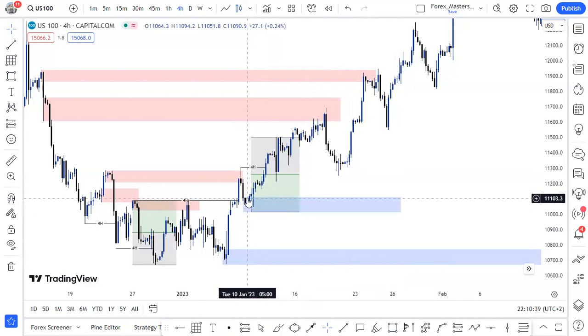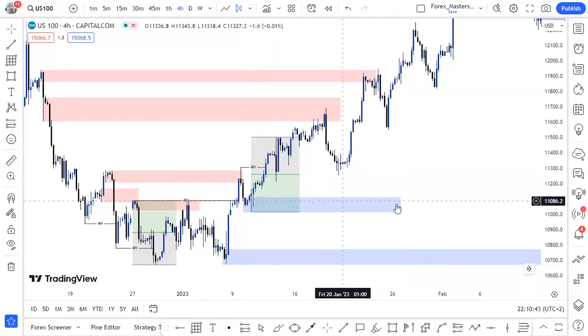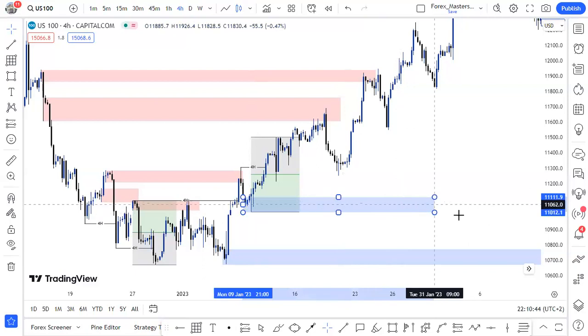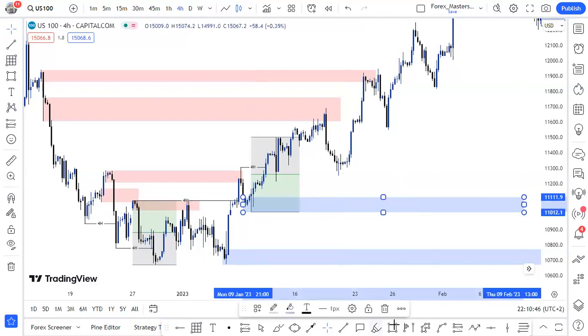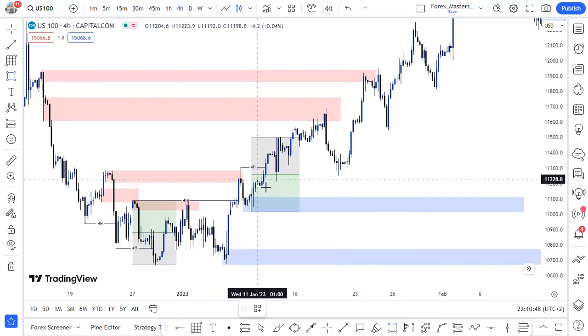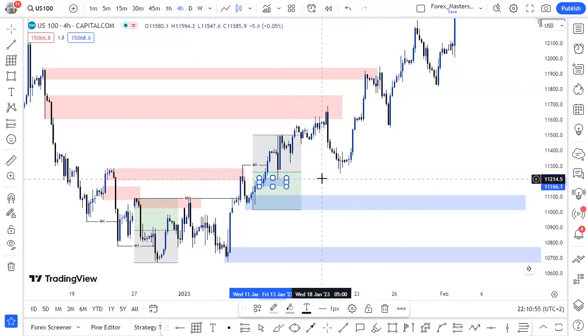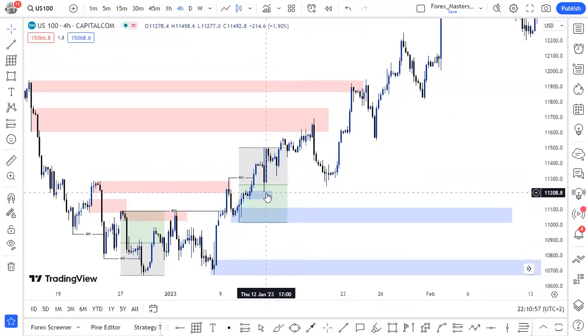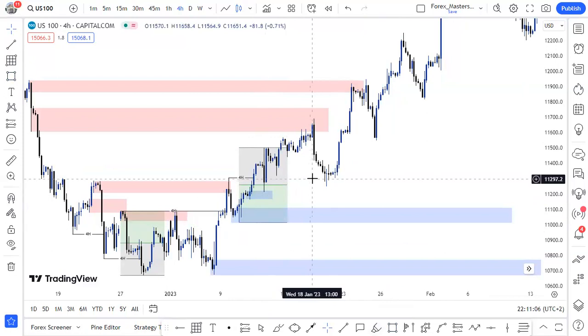So this whole area becomes our range, and we have this demand zone that price never came back to. Also, within the same discounted zone, we had another demand zone, which is this one. You can see that price chose to mitigate this one. It was also properly priced. It was valid. This is where, on the lower time frame, you look for lower time frame entries.